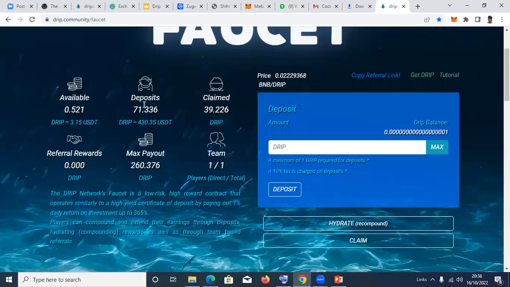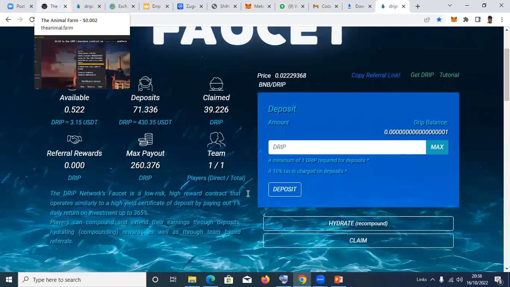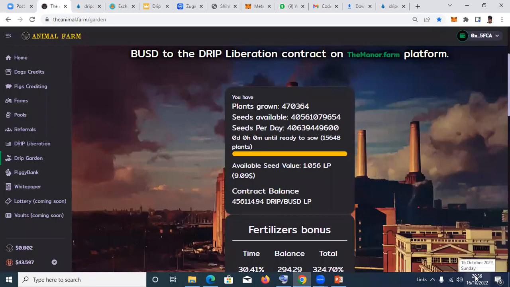So I started with a smaller number, and then I've been claiming until I've now accumulated about 71 DRIP. So I'm making 1% on this 71 DRIP here. I'm going to throw more light on this, but let me quickly take you down to the animal farm where I started a while ago, by saying it was around 8:32. This account was on 9.9.